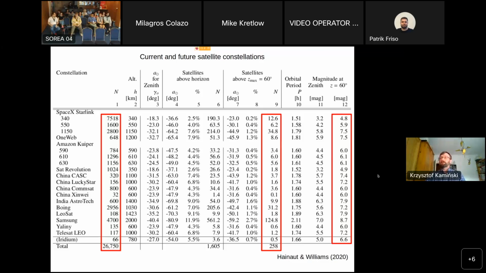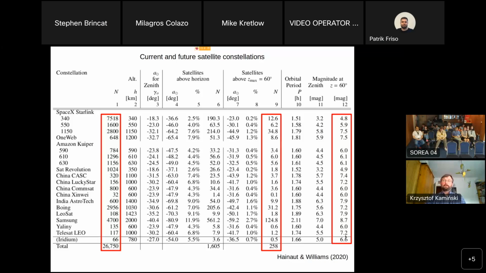And moreover, most of the satellites, as is visible in the last column, are, well, all of them are very bright when they are outside the Earth's shadow. Some of them are even visible to the naked eye, some not, but all of them are very bright for astronomical telescopes.